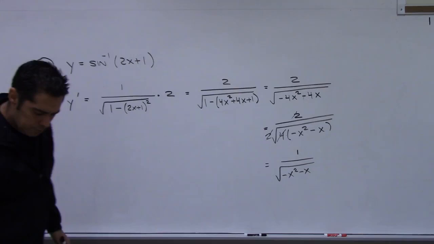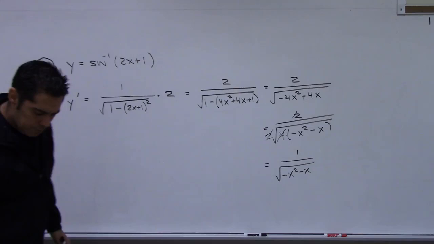And now we want to take arcsine of root 3 over 2. So that is asking us, sine of what angle is root 3 over 2?